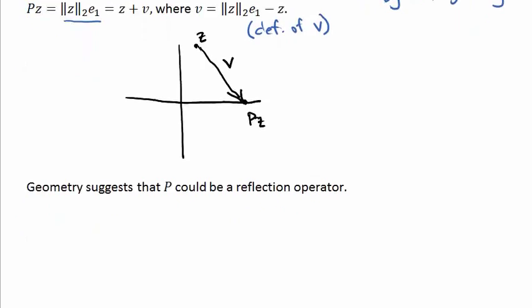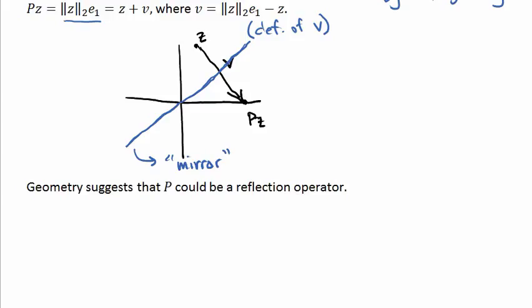Okay. Now we can do a little geometric analysis here to suggest what the answer ought to be, and then use algebra to compute it. So you can imagine if we draw a mirror halfway in between these 2 points. Well, what do mirrors do? They reflect.